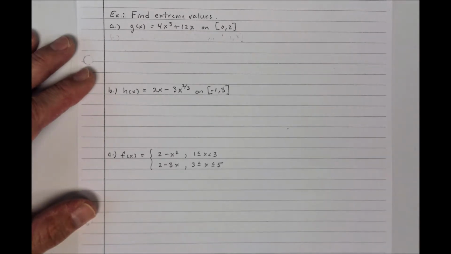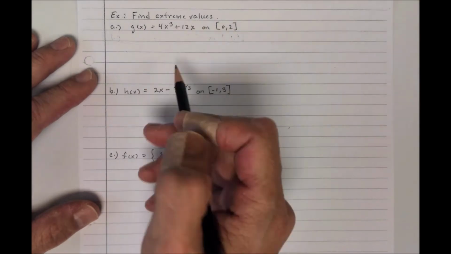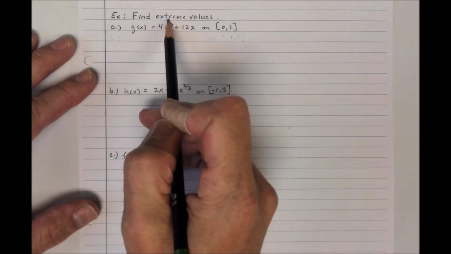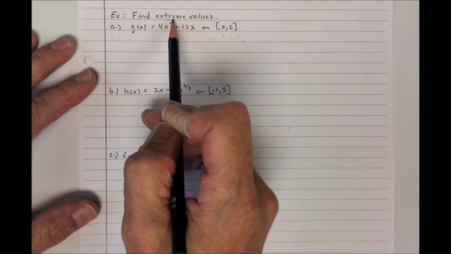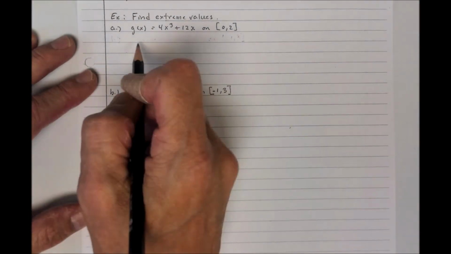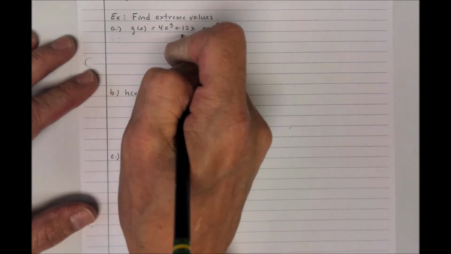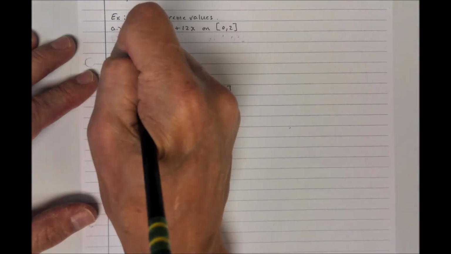All right, so let's go to this first example, find extreme values. Notice here it says extreme values. It doesn't say relative extreme values, so these are absolute extreme values. We've got a continuous function on a closed interval, so they're going to exist. Take the derivative.